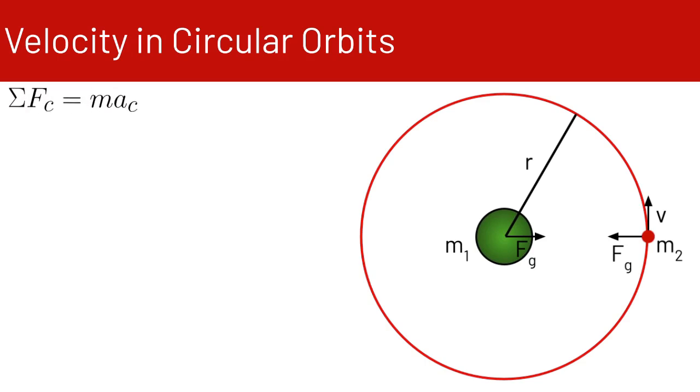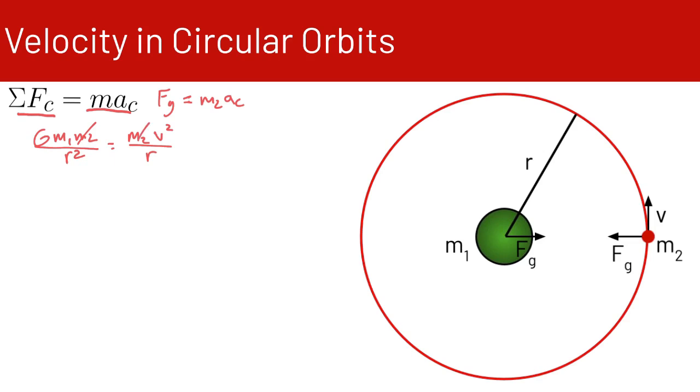When we're looking at forces in circular orbits, the sum of forces is the centripetal force, so we have mass times centripetal acceleration. So we have Fg is equal to m2 ac. So G m1 m2 over r squared is equal to m2 times ac, and ac is equal to v squared over r.